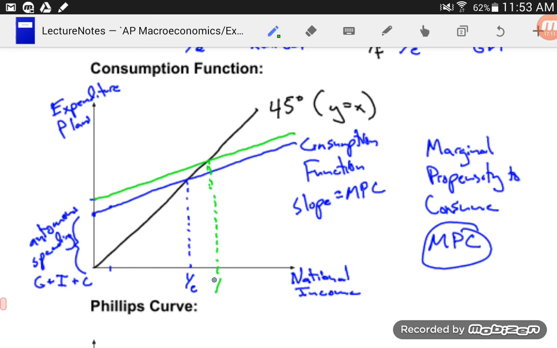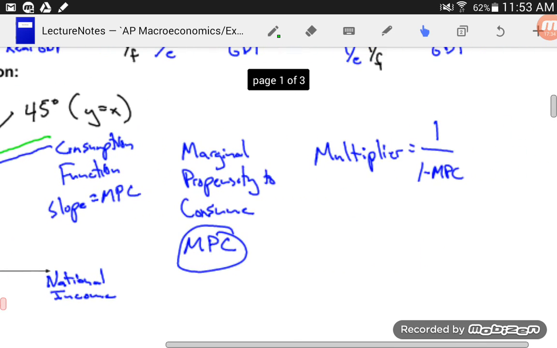My drawing is maybe not perfect, but the point is we had a small increase in autonomous spending, and we had a bigger increase in the total consumption, the total national income. And that is that multiplier effect. In words, that multiplier effect is, while the government spent some, it turned into income that people turned around and spent, and that money that was spent turned into income to somebody else that they spent a portion of, and so on and so forth.